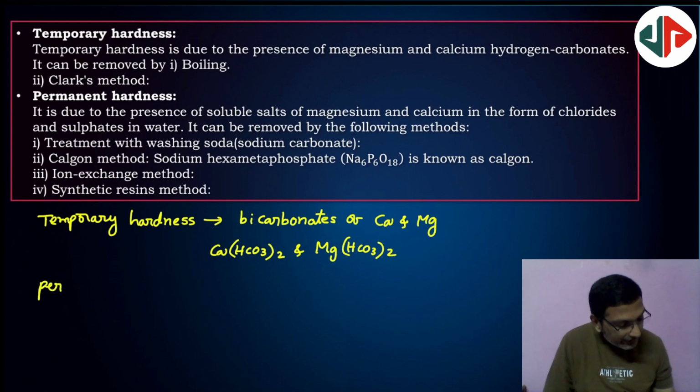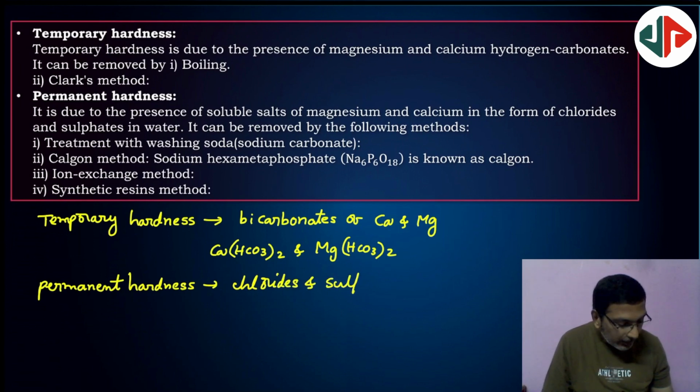Next, permanent hardness. It is due to chlorides and sulfates of calcium and magnesium.